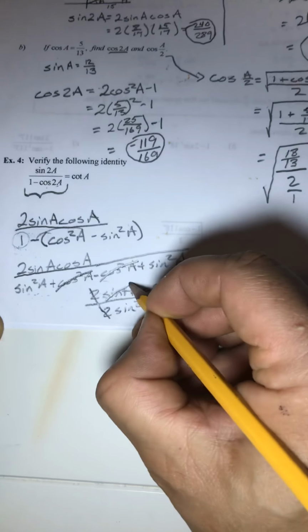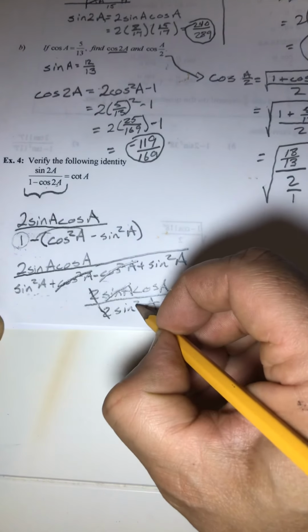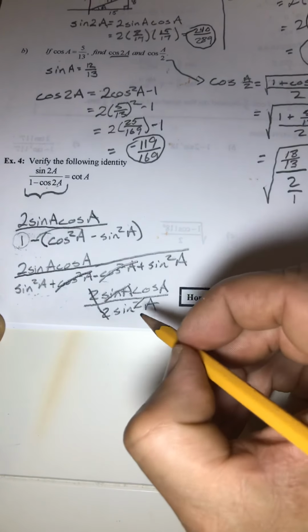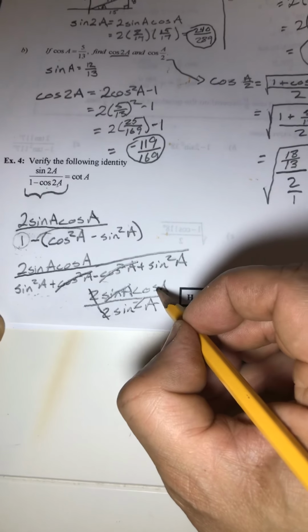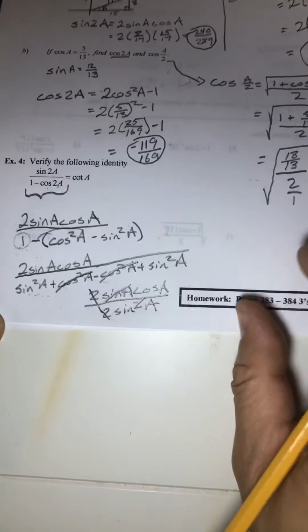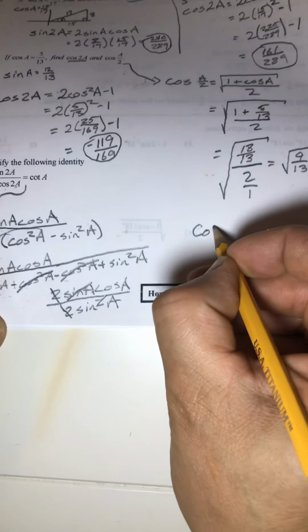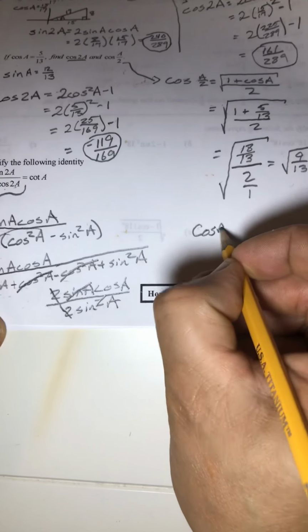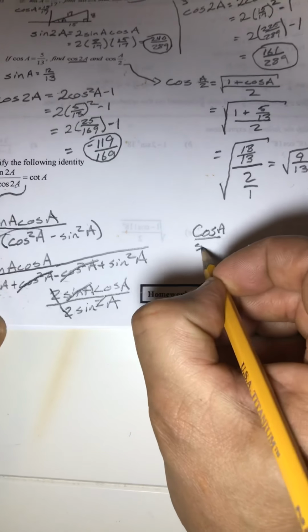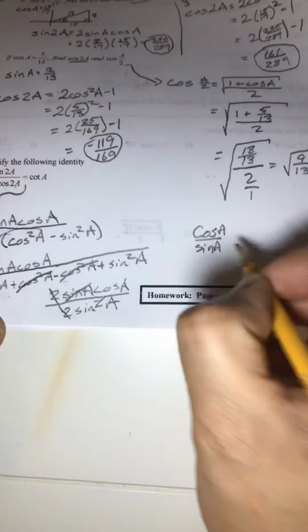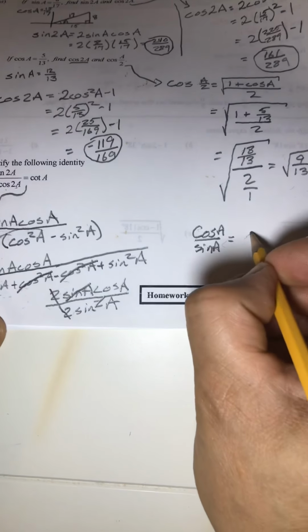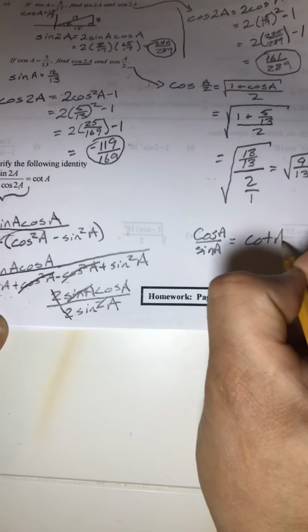This sine a with one of these. So all we have left is a cosine a over a sine a. Cosine a over sine a, which equals none other than cotan a, check mark, right hand side.